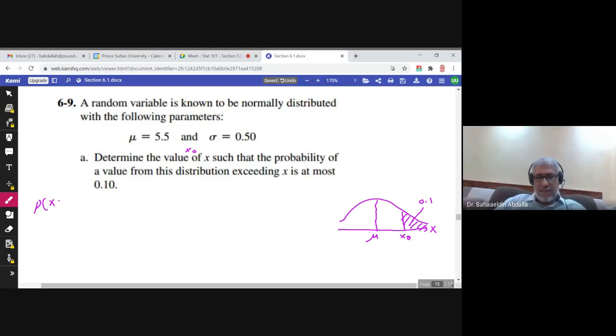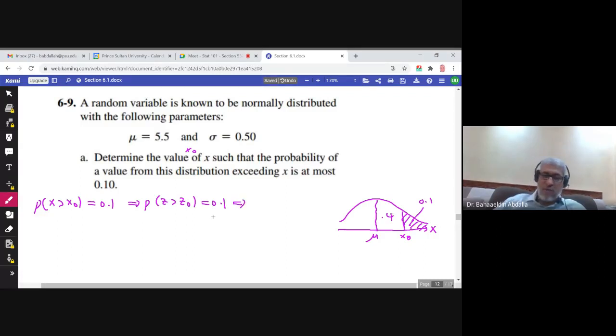So the probability that x is greater than x0 is 0.1. To find x0, you need to change to z. And you cannot deal with 0.1, you have to deal with 0.4 here.